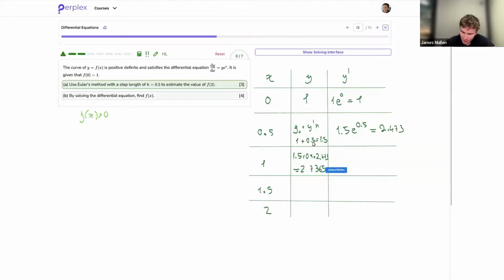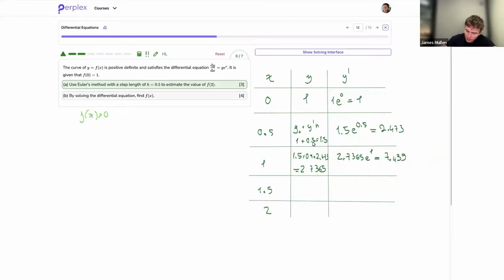All right, and that means that now y prime is going to be 2.7365 e to the power of 1. So if I do that on my calculator, it's 2.7365 e, or 7.439. Okay?